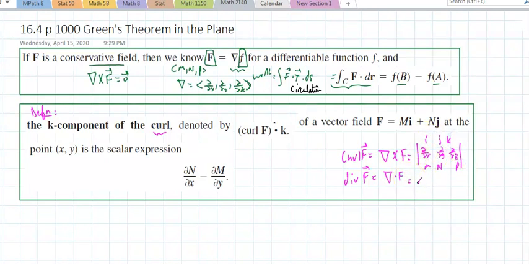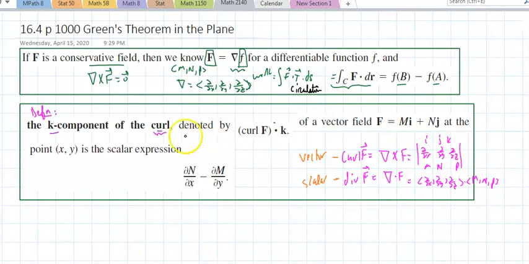Here it's the partial with respect to x, y, and z dotted with M, N, and P. So this is a vector. This is a scalar. But again, I really don't care much about this k component. It doesn't really mean much because we're going to use a totally different approach to this, but no big deal.